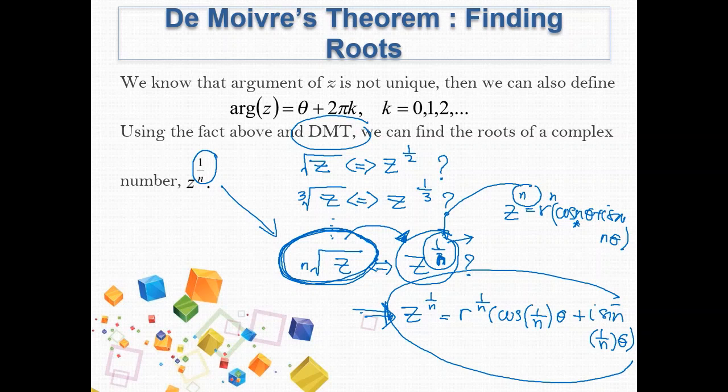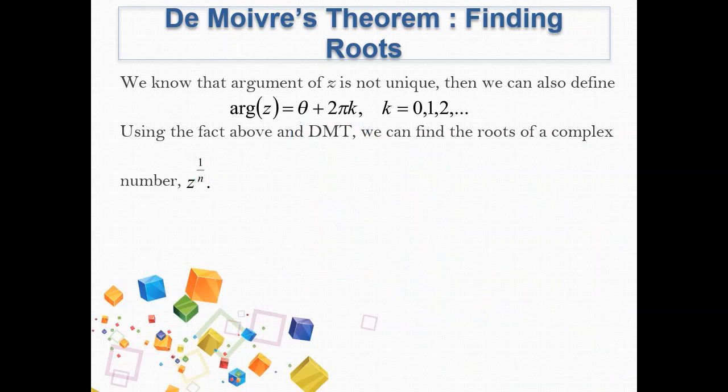We learned in the previous slide, I did mention that your argument, your theta, is not unique. So in the Argand diagram, wait, I think I need to clean this first. Alright, what does it mean by argument z equal to theta plus 2 pi k? I did mention that k is the rotation of your z on the Argand diagram, right?